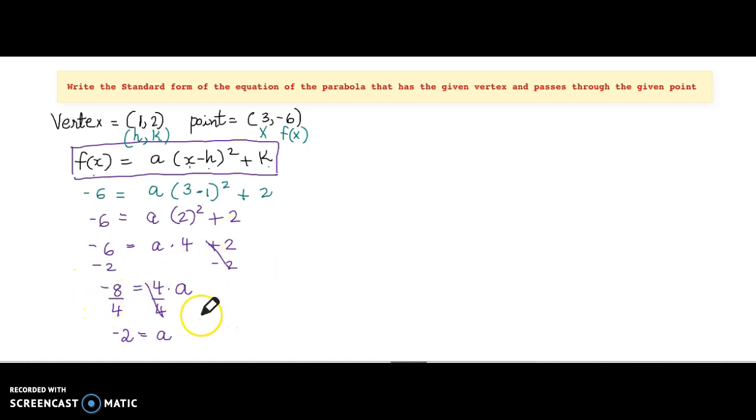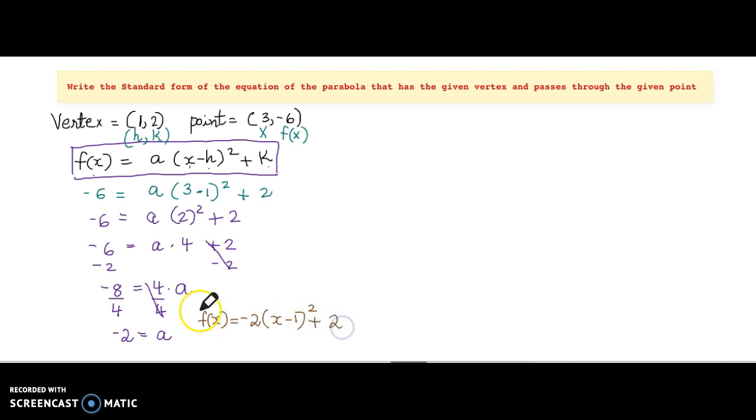So we can write the final equation of this as f(x) = -2(x - 1)^2 + 2. Instead of a you put -2, instead of h you plug in 1, and instead of k you plug in 2.